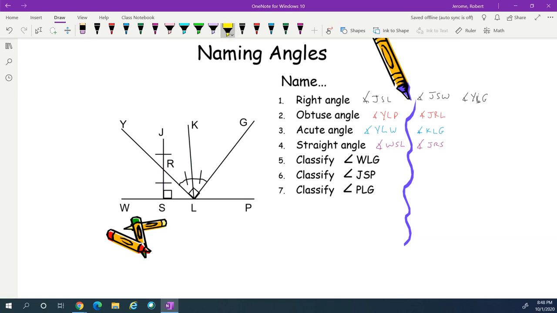Classifying angles. Remember, acute, right, obtuse, straight. So let's find the angle. Trace the letters in order. WLG. So WLG. And that's definitely obtuse.